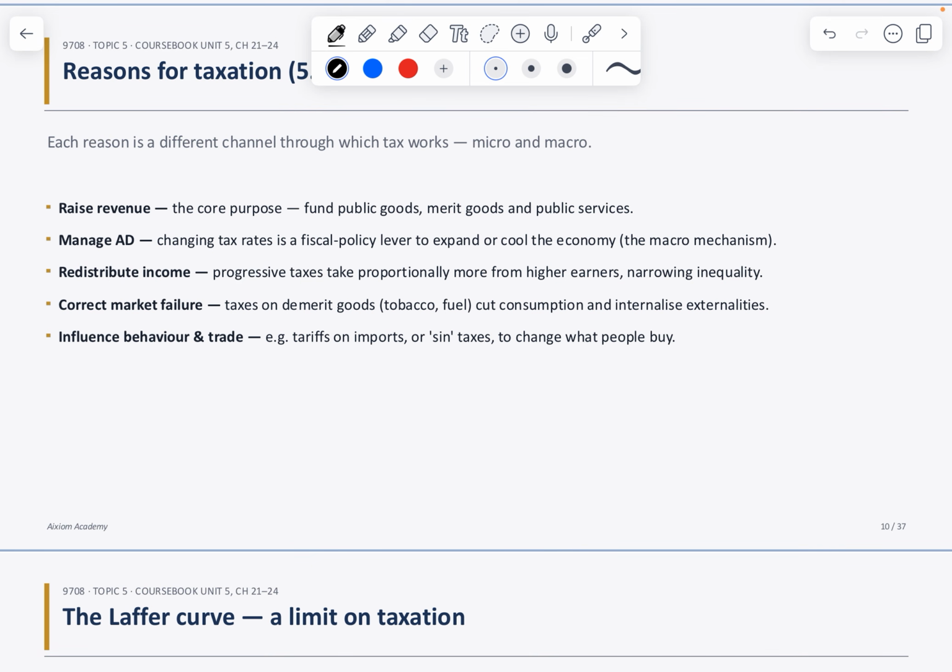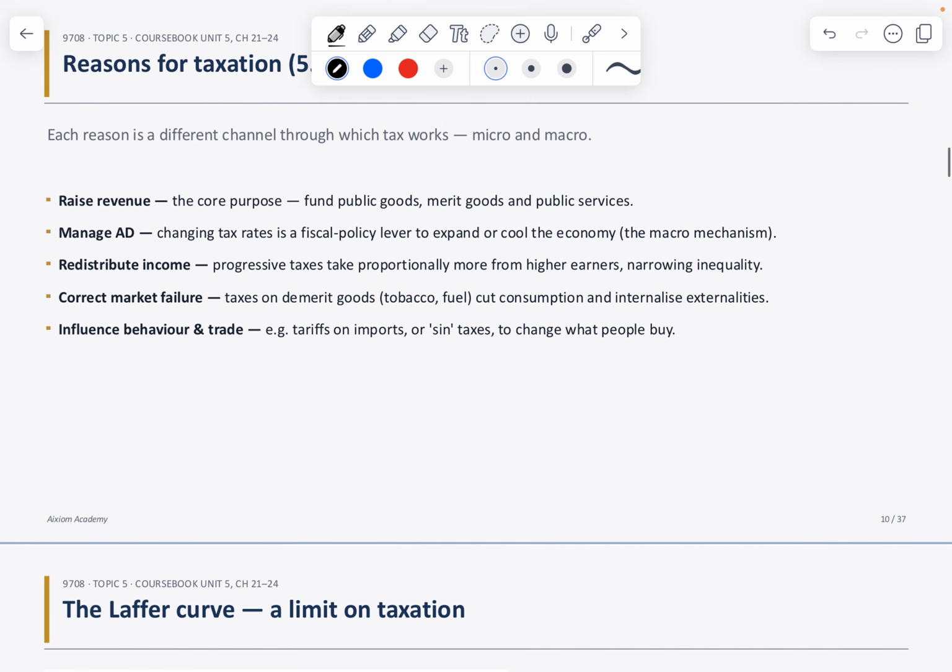For example, with progressive tax, a higher percentage of income comes from rich people, and then you can use the tax to fund transfer payments for the poor, and it acts as a policy tool to make society more equalized and more equitable.